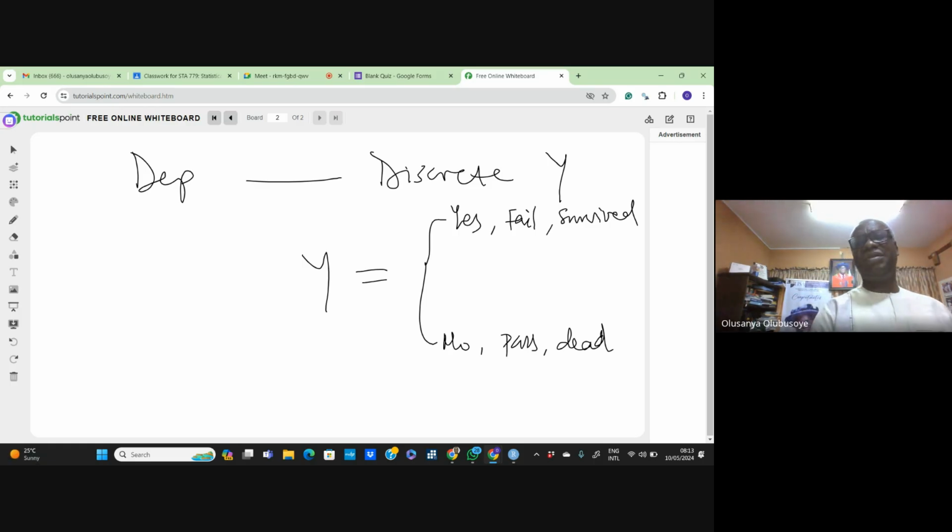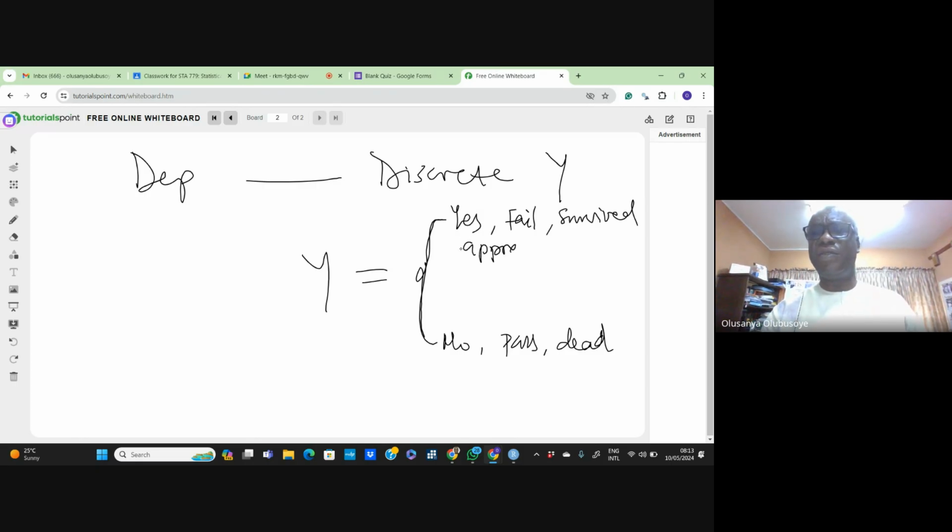There are so many of them, so you can also think of several other situations where you can experience binary outcomes. Exchange rate, for instance, will either appreciate, so you can talk of appreciation, or depreciation.